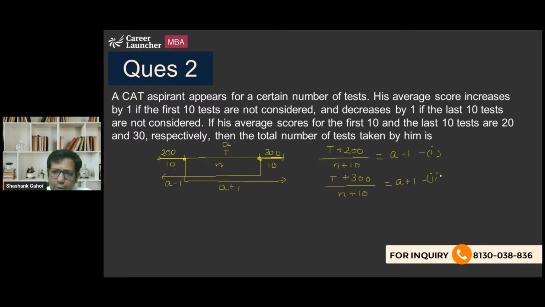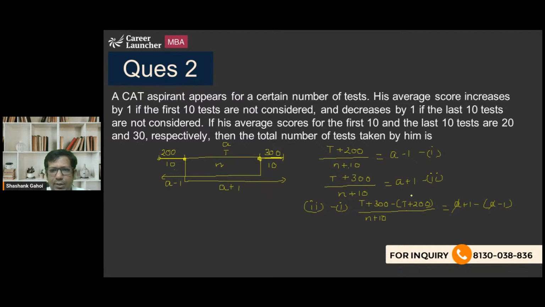Now what I'm going to do is equation 2 minus equation 1. So what are we going to get? The denominator is the same in both, n plus 10. And we are going to get T plus 300 minus T plus 200, and that is equal to A plus 1 minus A minus 1.